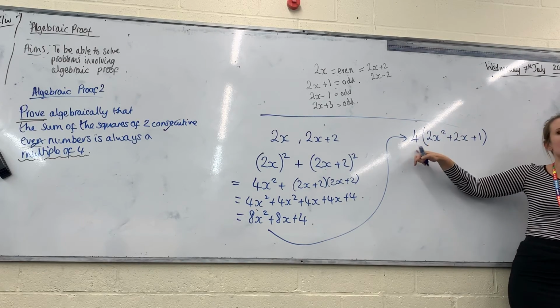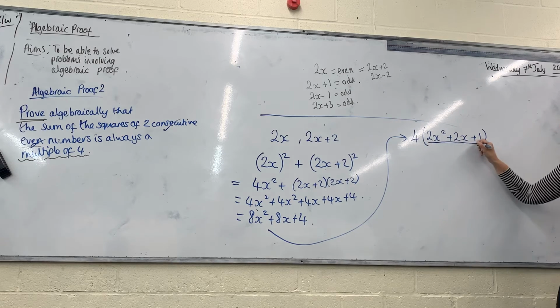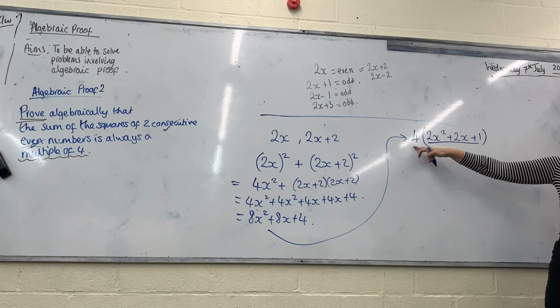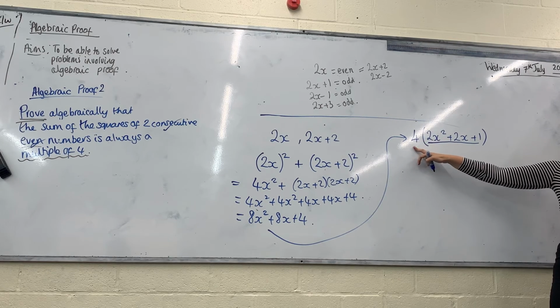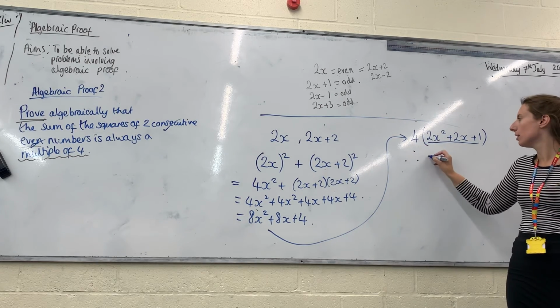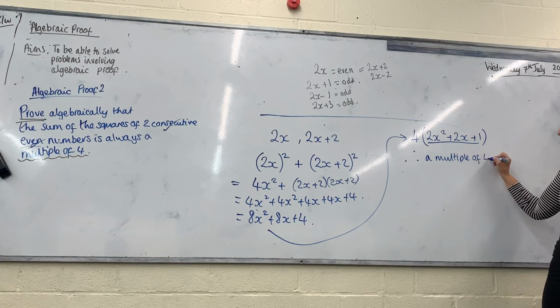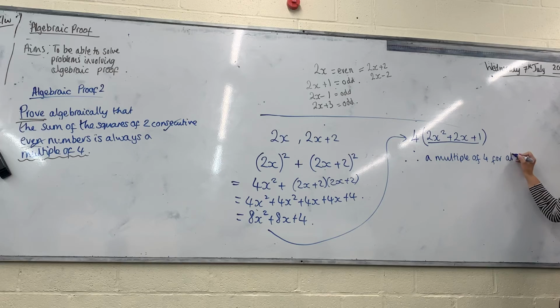So now I've taken a 4 outside the bracket. Whatever value is inside the bracket, if I times it by 4, it will be a multiple of 4, won't it? So we can say, therefore, a multiple of 4 for all x.